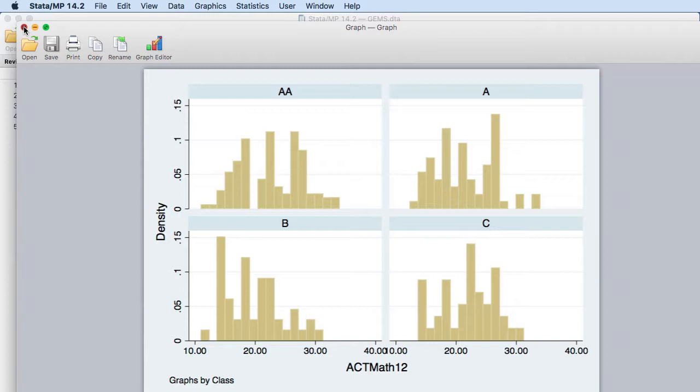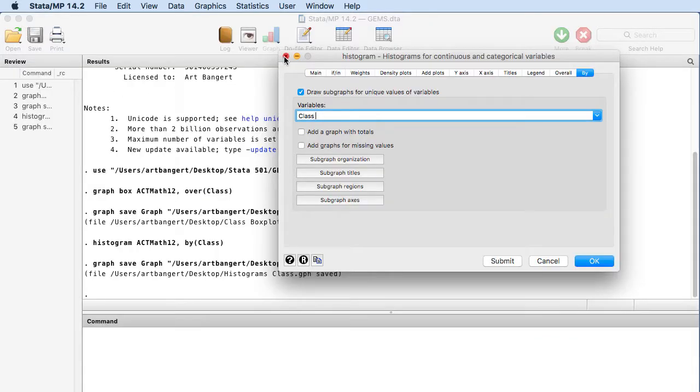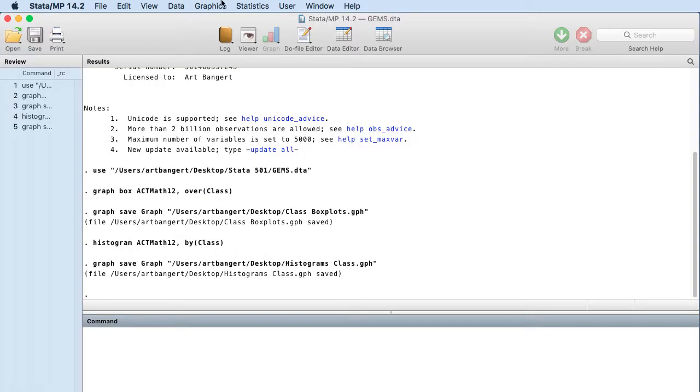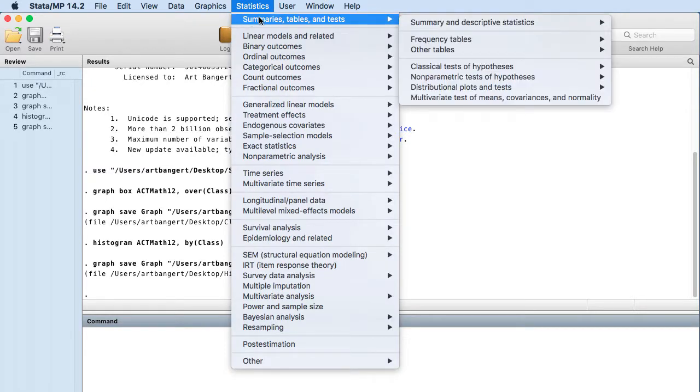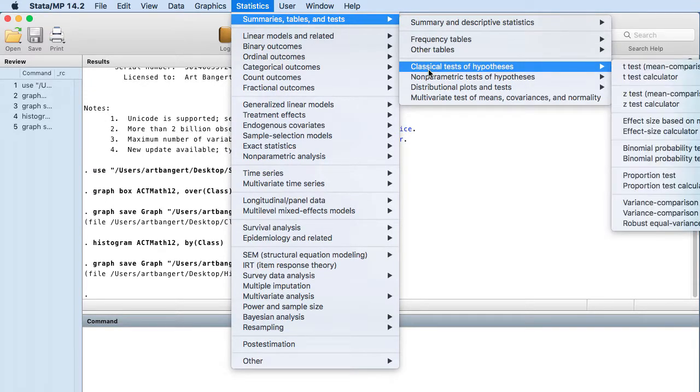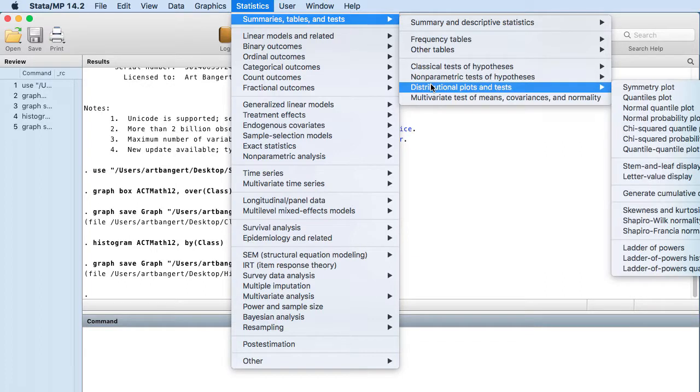And so to determine if these groups have significantly non-normal distributions, one of the things we can do is go to statistics and classical hypotheses tests, or distributional plots and tests. And we can go to the Shapiro-Wilk test.